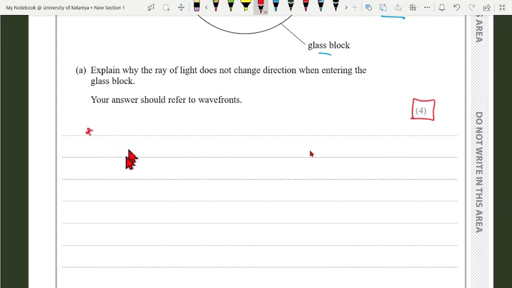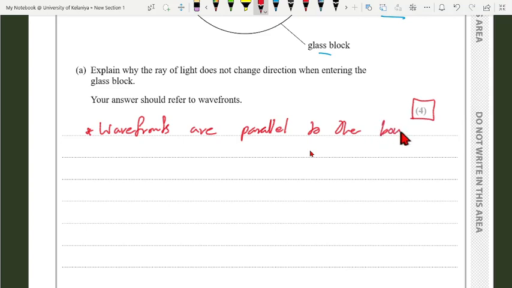Over here, we should mention that wavefronts are parallel to the boundary. Next point is what?